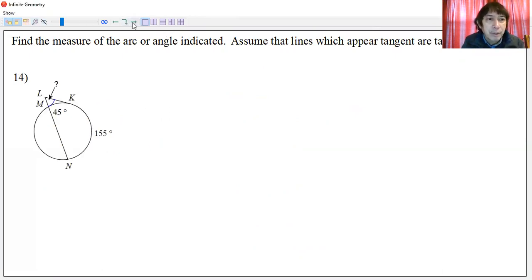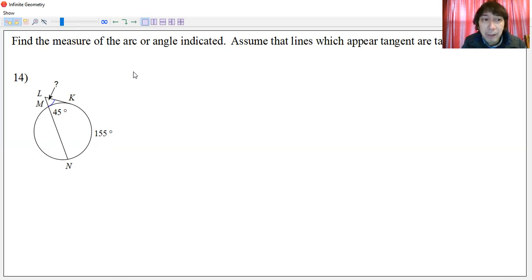Number 14. All right, here's number 14. Same configuration with a tangent and a secant. We're looking for the angle, the one marked with a question mark, and you can call that angle KLM.